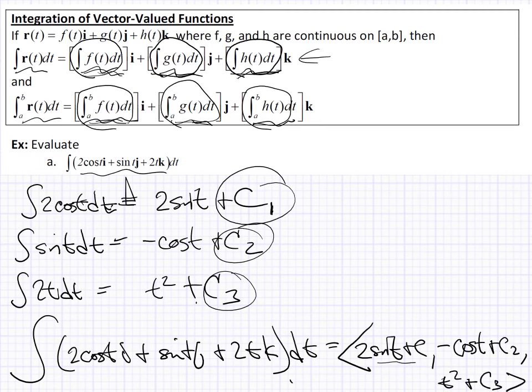So i, j, k. It's still another vector, right? The integral of a vector valued function is another vector valued function, but we have to do it component by component, and the constants of integration just have to be denoted as different.